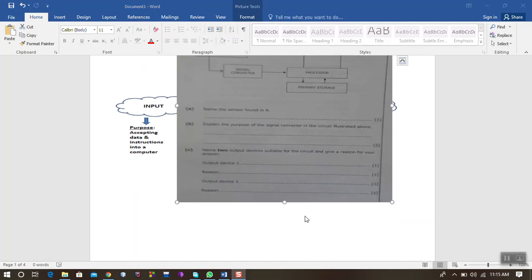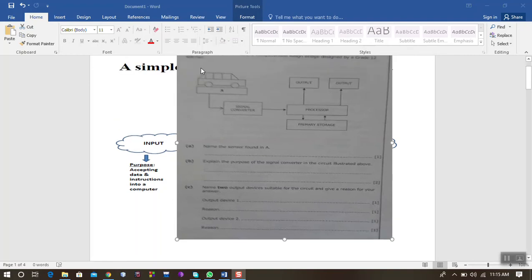Then the next question is saying explain the purpose of the signal converter in the circuit illustrated above. What is the purpose of this signal converter? That is sensor A, then the signal converter. We said this sensor A is a weight sensor.